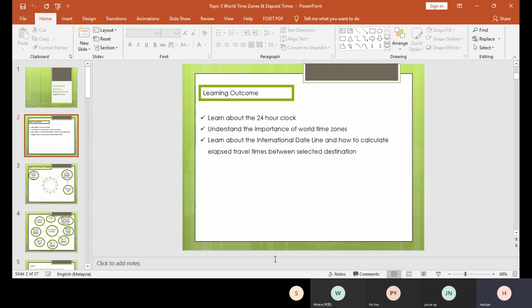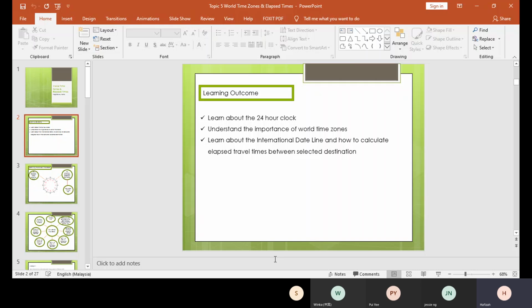You will understand the importance of the world time zone toward the tourism industry, learn about the international date line, and how to calculate the elapsed travel time and total transport time between selected destinations, including what time you will arrive at the country after a few hours of flight.